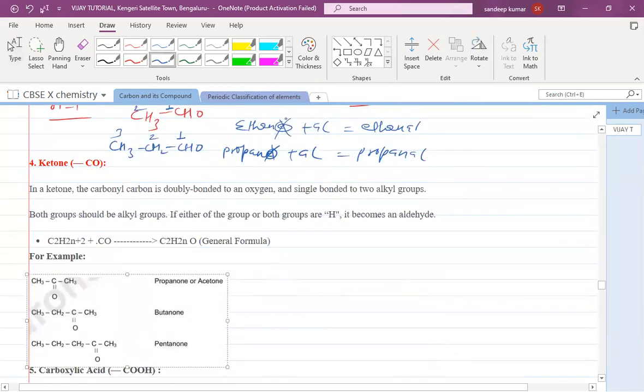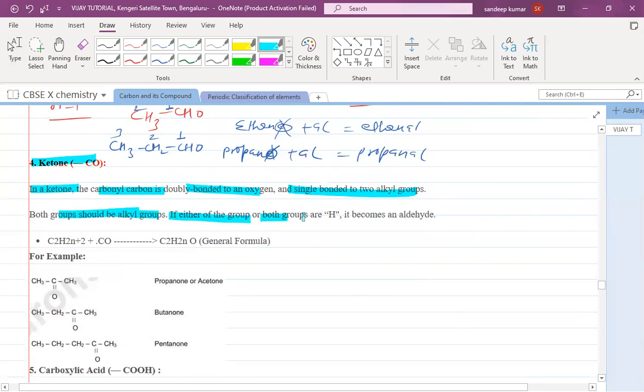Now we'll talk about ketones. In a ketone, the carbonyl carbon is doubly bonded to an oxygen and singly bonded to 2 alkyl groups. Both groups should be alkyl groups. If either of the groups or both are H, then it is an aldehyde.